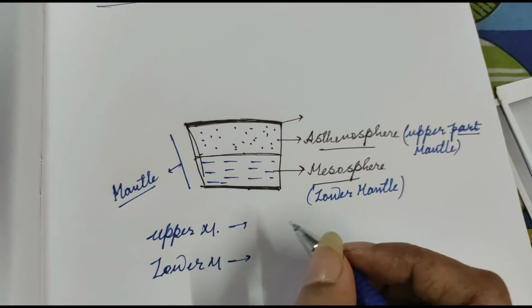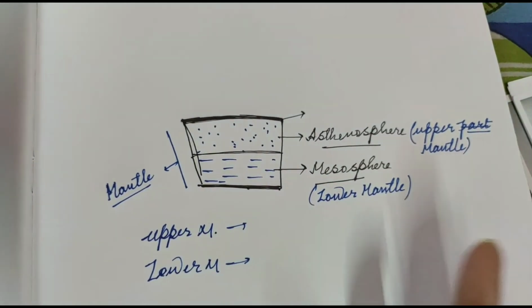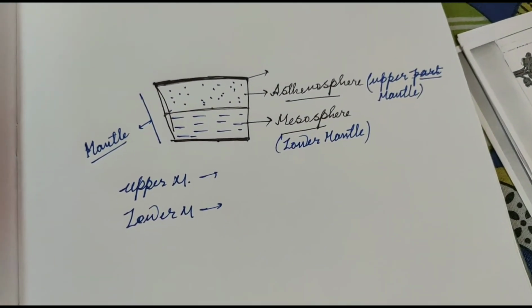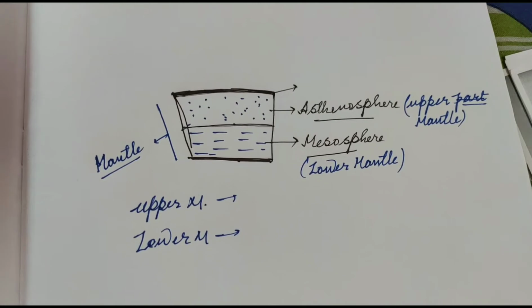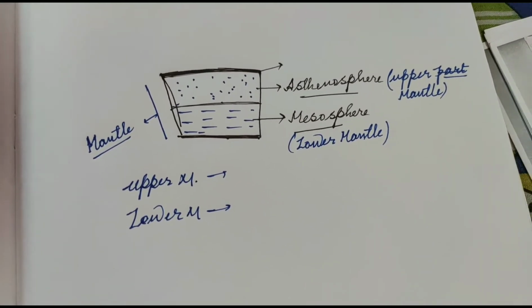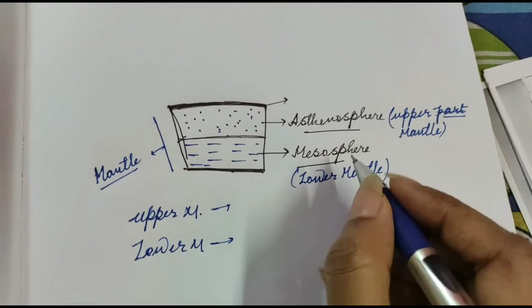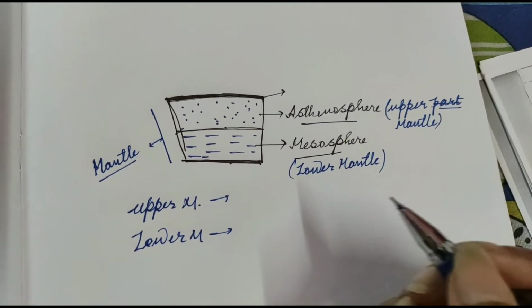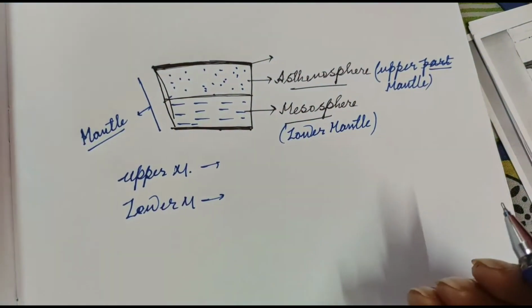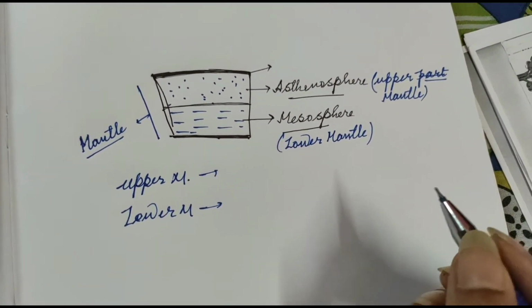Here I am writing Crofesima and Nifesima. These are not in your book, but they are important to know, which is why I am explaining them. Asthenosphere and mesosphere you will find in your book, but Crofesima and Nifesima are also important.